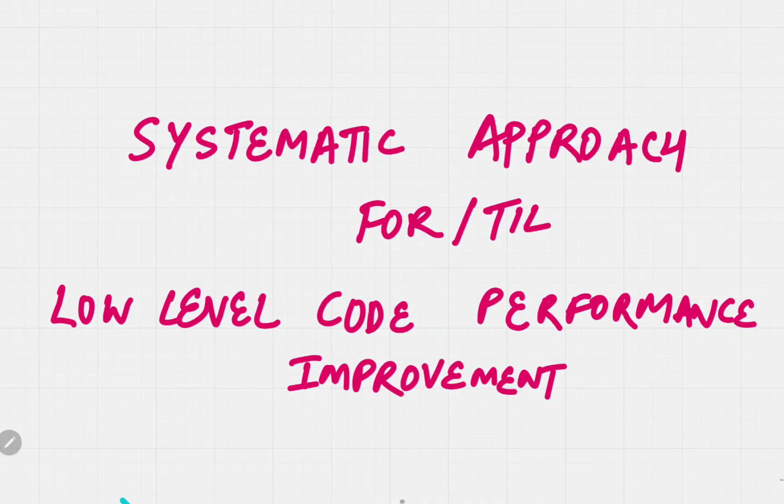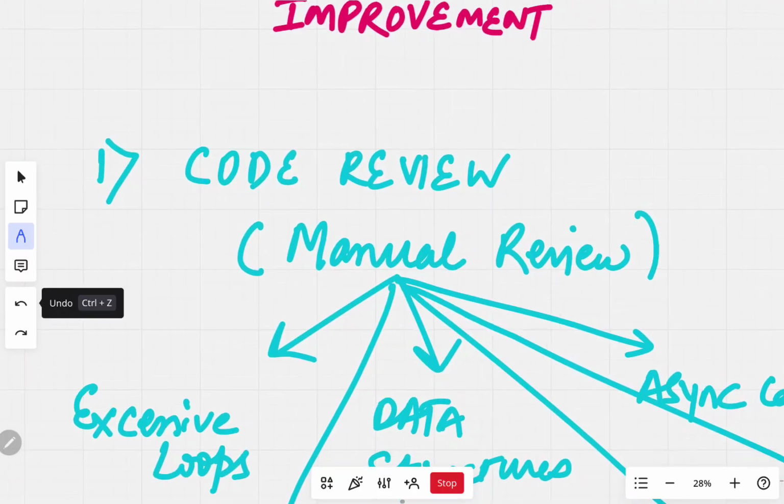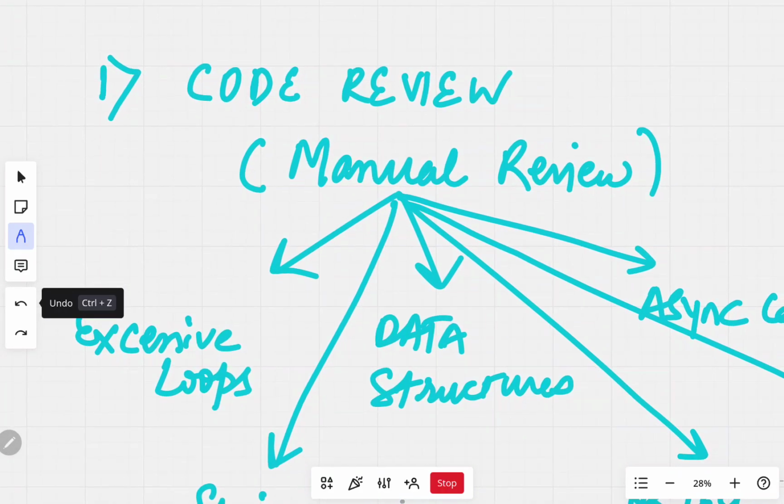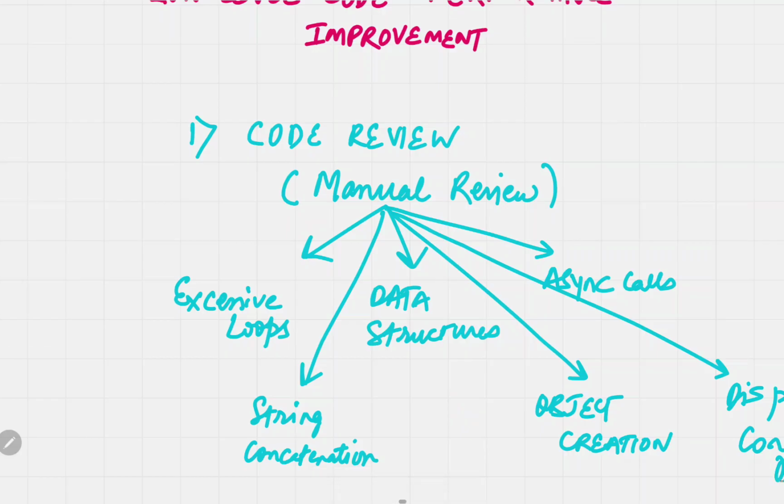So the first one is code review. Just manually look at your code, and apply whatever you know in terms of best practices. Simple things like, is there any excessive loop?